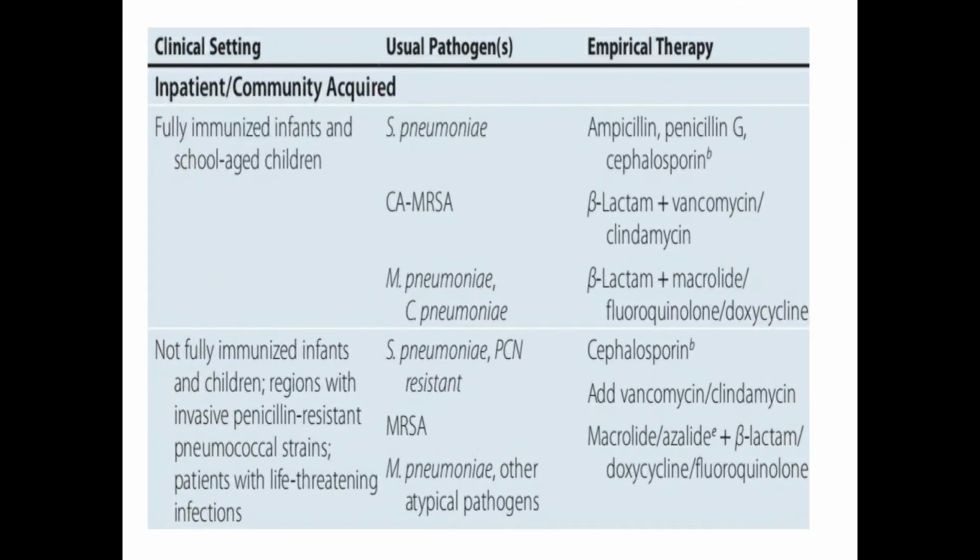So for inpatient or community acquired cases, fully immunized infants and school-aged children, we can provide the empirical therapy with ampicillin, penicillin G, cephalosporin if we suspect organisms such as Streptococcus pneumoniae. And for CA-MRSA pathogens, we can treat with beta-lactam plus vancomycin or clindamycin. And for M. pneumoniae and C. pneumoniae, we can treat with beta-lactam plus macrolide or fluoroquinolone or doxycycline.